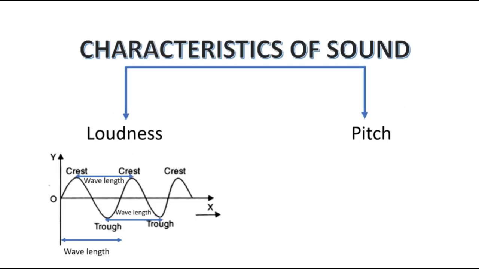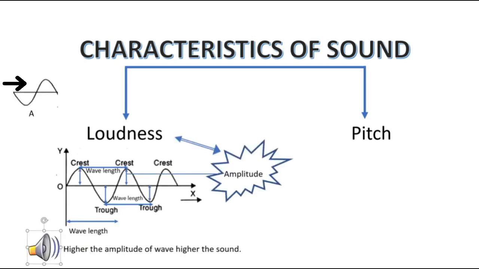Let me give you an example of, let's say, a wave A and then wave B, right? You can compare the amplitude of these two waves and tell me which will be louder. As I said, loudness depends on the amplitude, and what is amplitude?